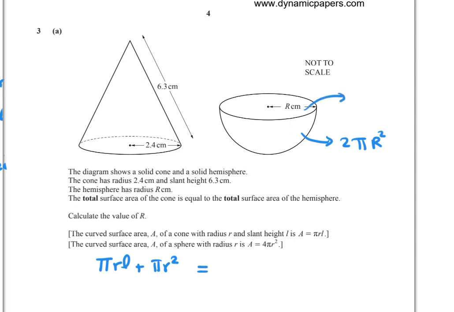And for this circle, πR². If you add them, the total surface area for the hemisphere is 3πR². So 3πR². You can cancel π from all.